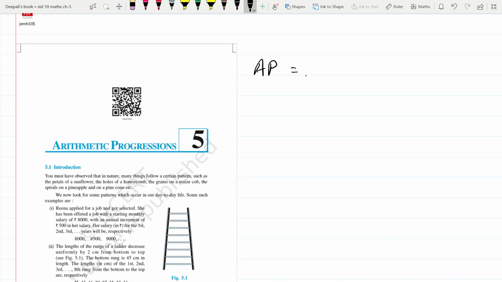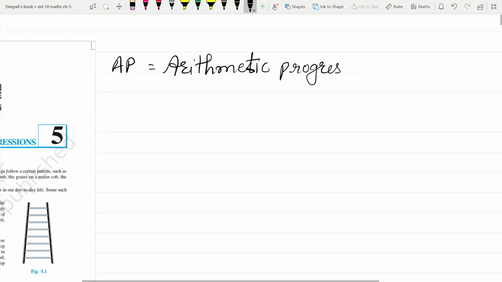AP stands for Arithmetic Progression. A stands for first term or A1.